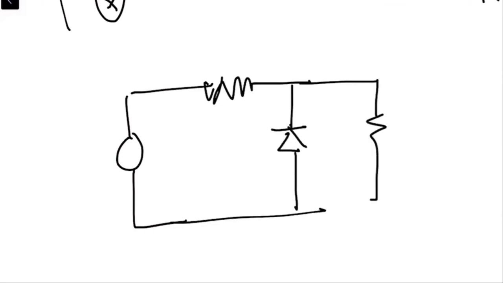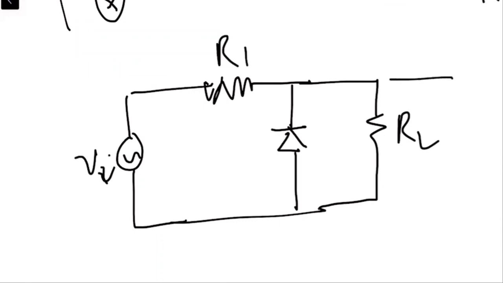Again we have the load resistor RL, R1, and we are providing the input Vi over here, and we are taking the output across the parallel combination of a diode and that of the RL.